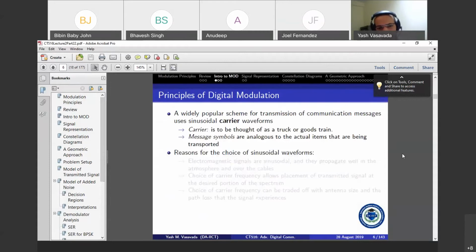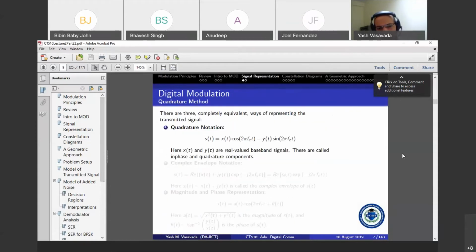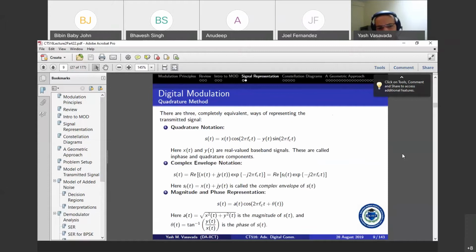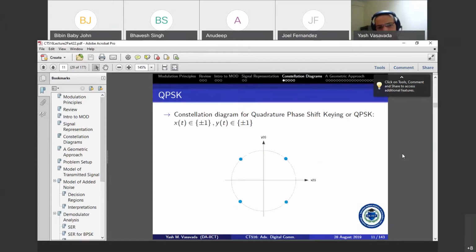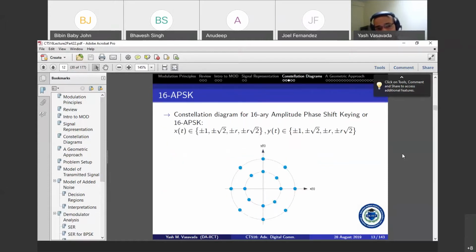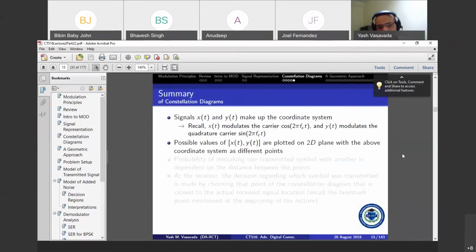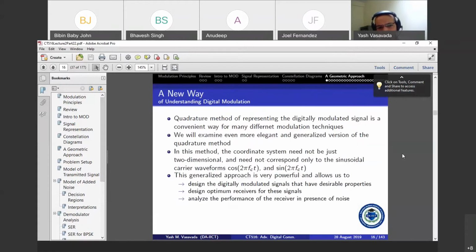The way we said we will look at all of the several modulation techniques such as BPSK, QPSK, M-ary PSK, 16-ary PSK, QAM, and many such techniques is by generalizing what these modulation schemes are actually doing in a more fundamental manner.